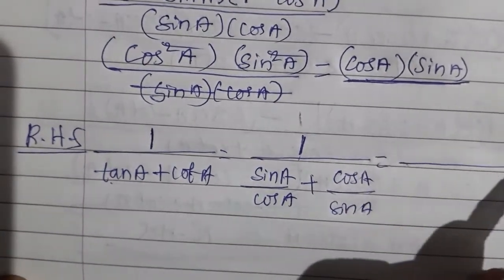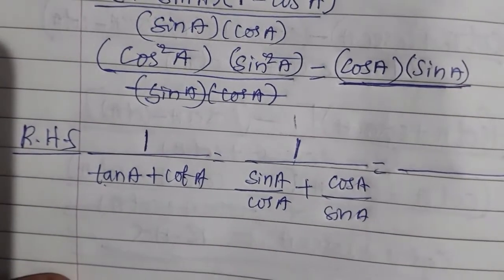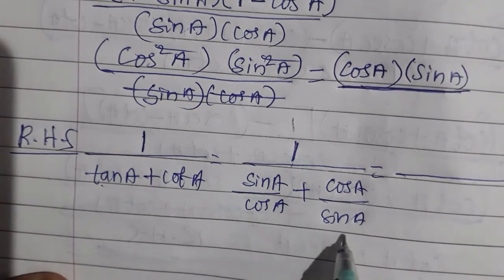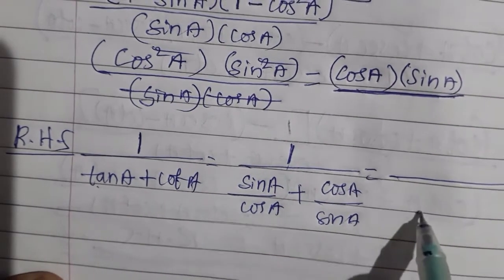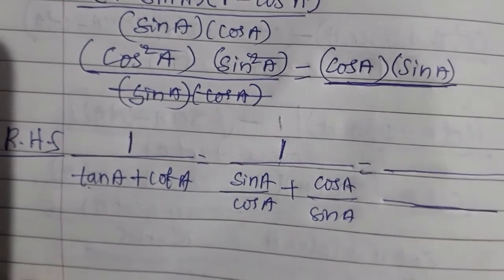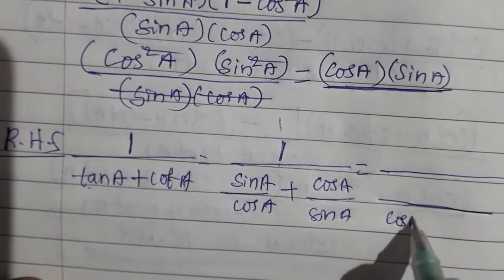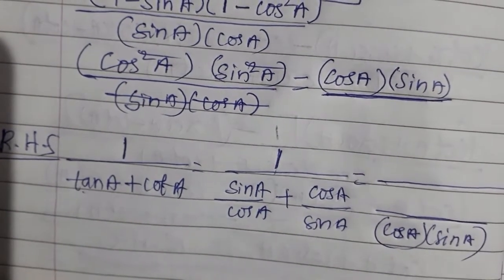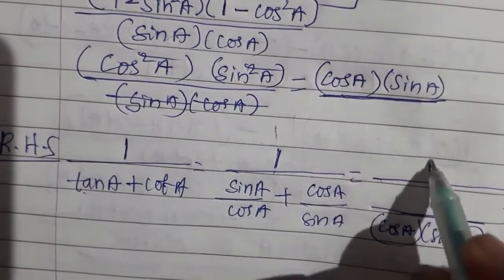So now you see the LCM in the denominator. What will be the LCM in the denominator? The LCM will be cos A into sin A. That is the LCM. After this the numerator 1 will remain as it is.